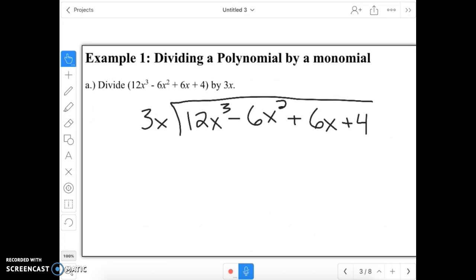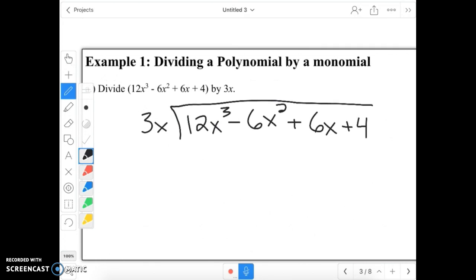And our process for doing this is looking at that 3x and saying, what would I multiply by in order to get 12x cubed? So we could figure out, well, the number would be 4, and I would need 2 more x's. So we need 4x squared.